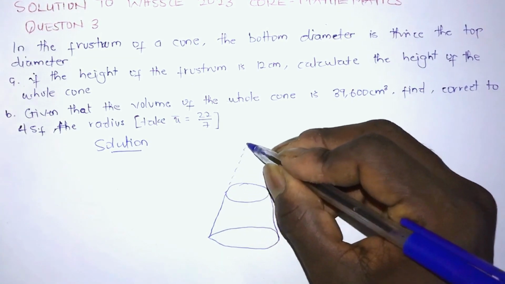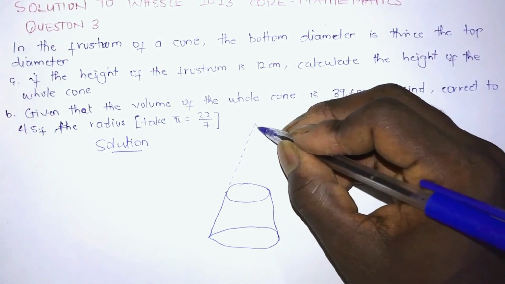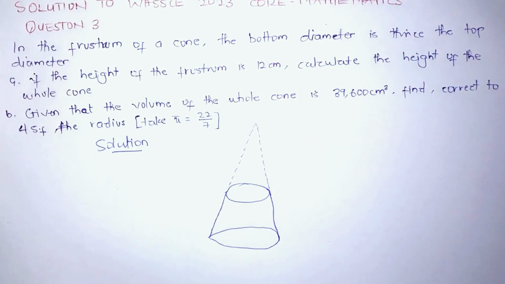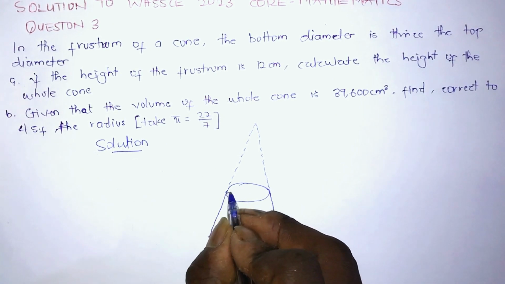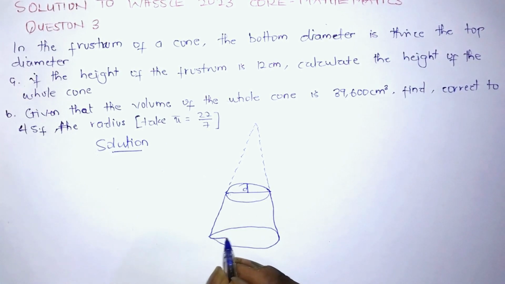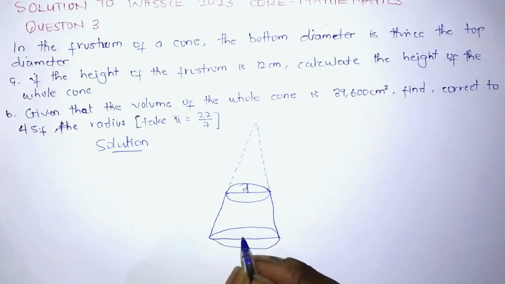Let me extend it to create the cone. And the question says that the bottom diameter is twice the top diameter. So we don't know the top diameter. Let me use D to represent it. So if the top diameter is D, the bottom is going to be 3D.